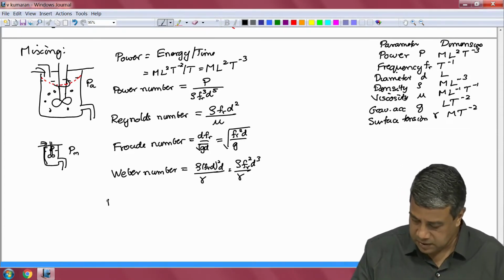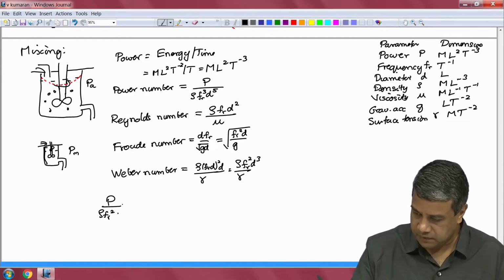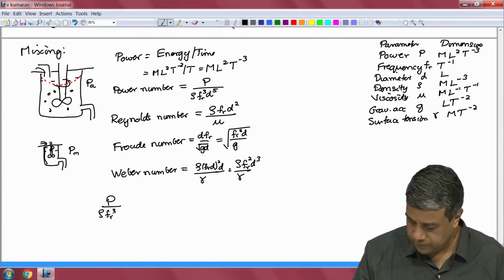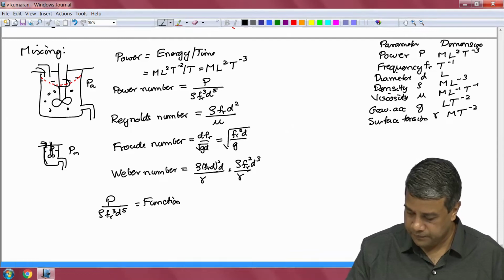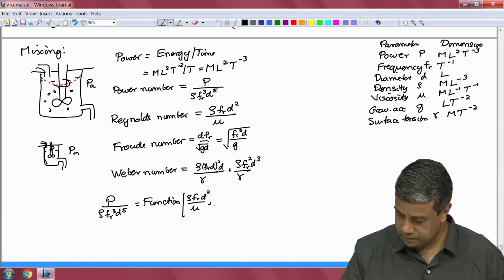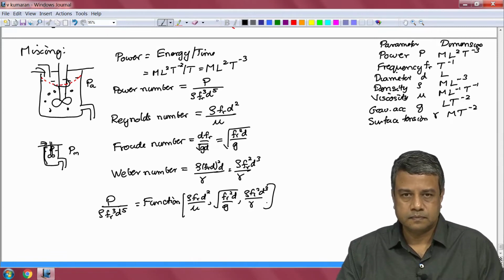So, therefore, P by rho f cubed d to the fifth is equal to some function of rho f d square by mu. So, this is the relationship we get on the basis of dimensional analysis.